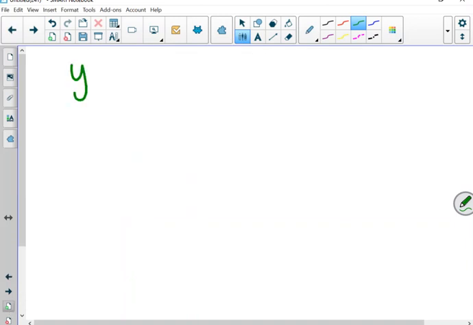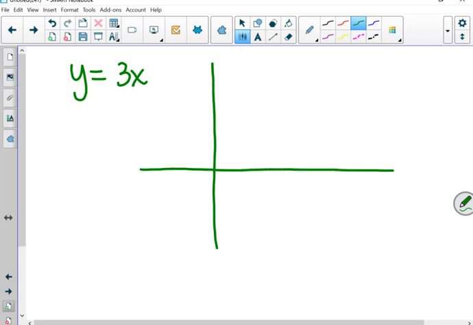So if I was going to do y equals 3x as a graph problem, 0, 0, 1, 3, 2 would go up to 6. That's what the line y equals 3x would look like.